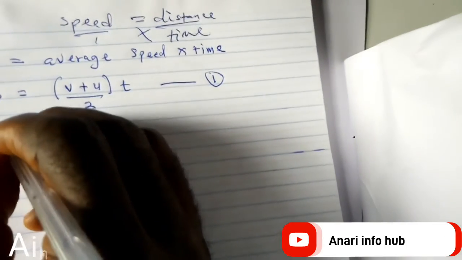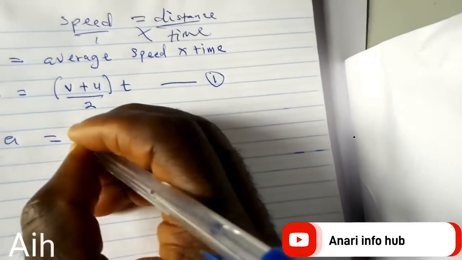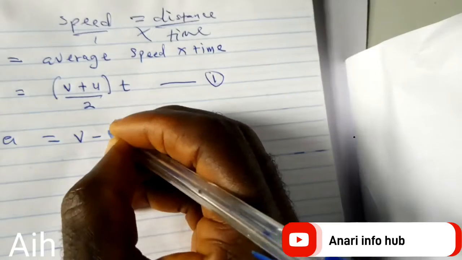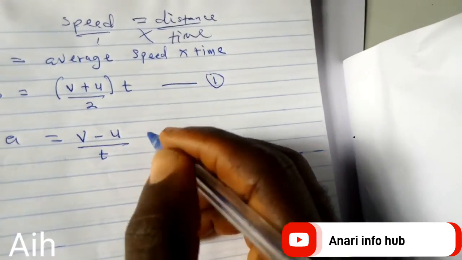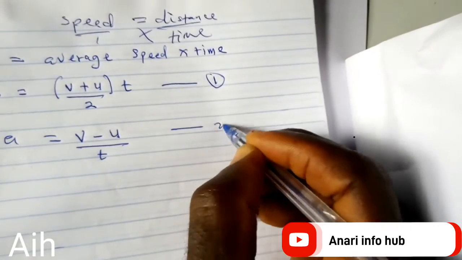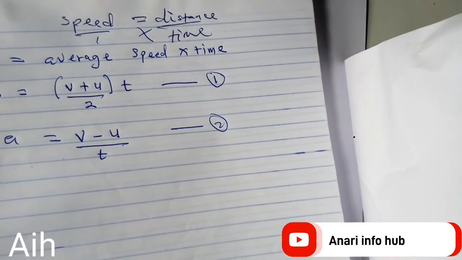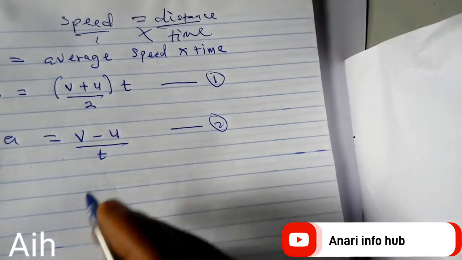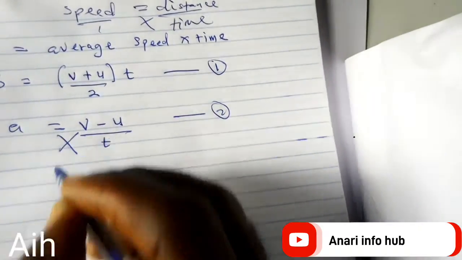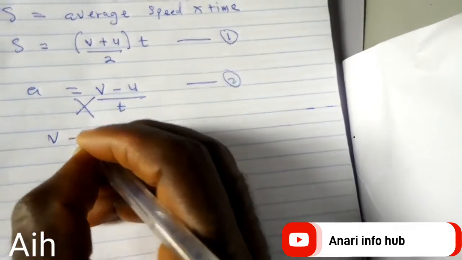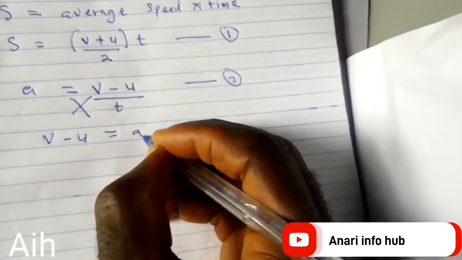Now we also know that acceleration is equal to final velocity minus initial velocity over t. Then we can call this equation 2. Now from here let's make v the subject by cross multiplying. We have that v minus u is equal to at.